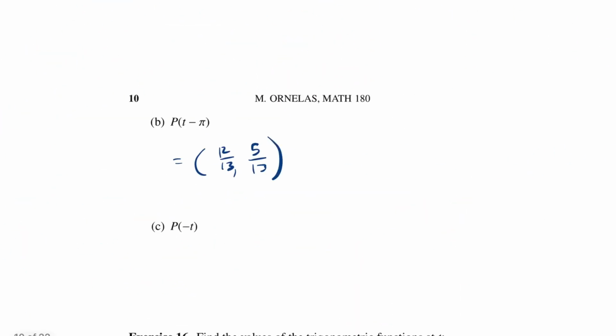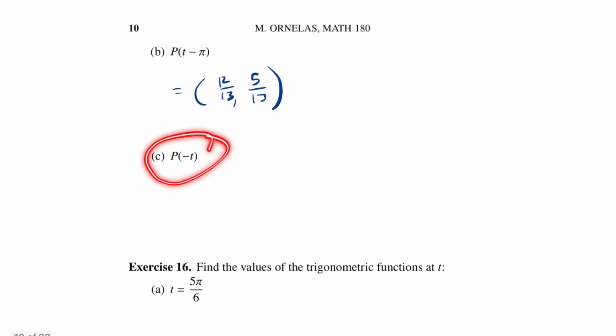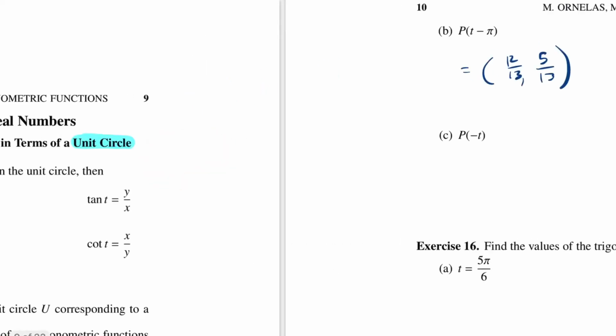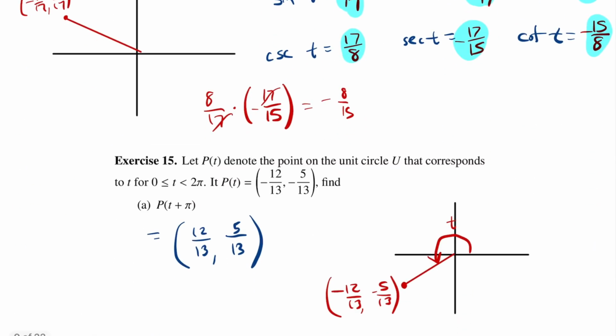All right, and for this last part, negative t, so let's go back to our picture. So if this is positive t, the negative t would be the same amount, but in the opposite direction. So it would actually be over here in quadrant 2. So imagine this is like 180 plus 30 maybe. I'm sorry, 210, let's say.